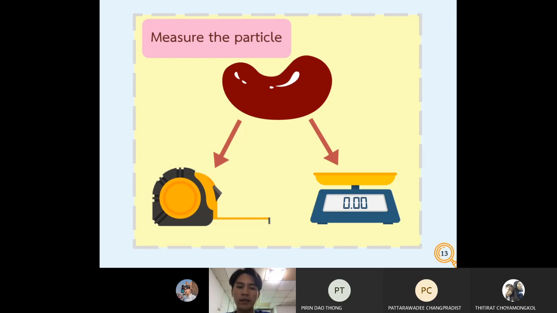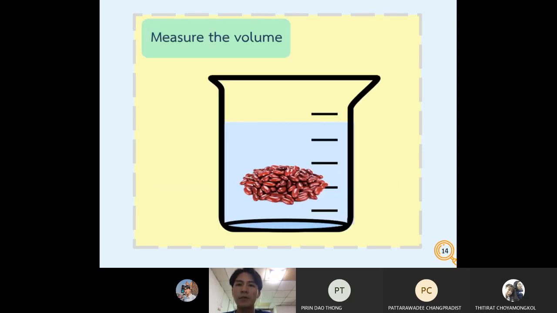And the density is measured by selecting an amount of rubber bands, weighing them first, and putting them in a beaker that already has water, and observing the level of water that increases. To determine the density, you divide the mass that you weighed at first by the increase in the water level, and then you will get the density of the rubber band.